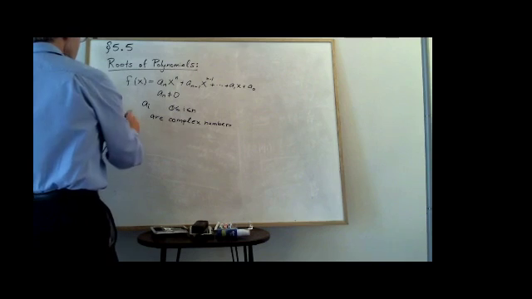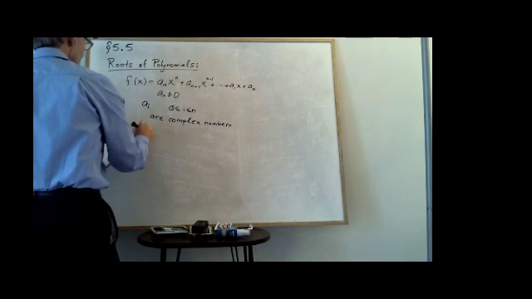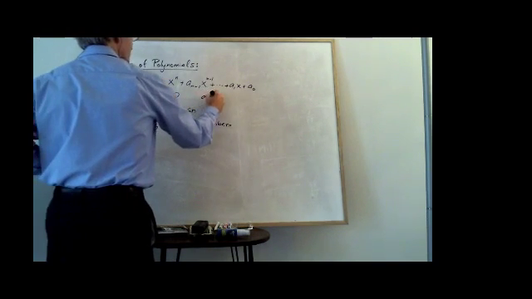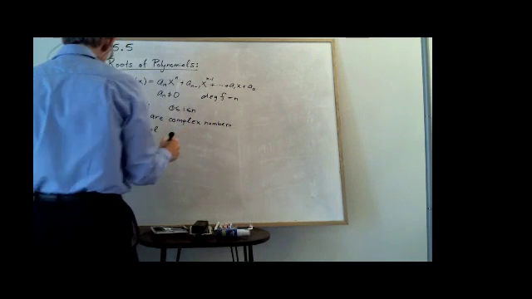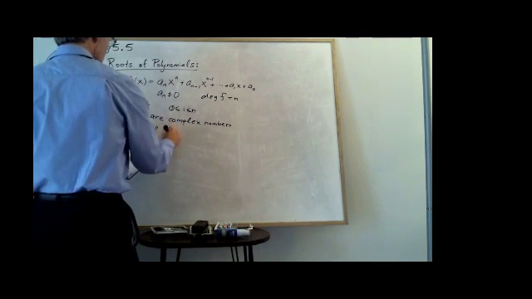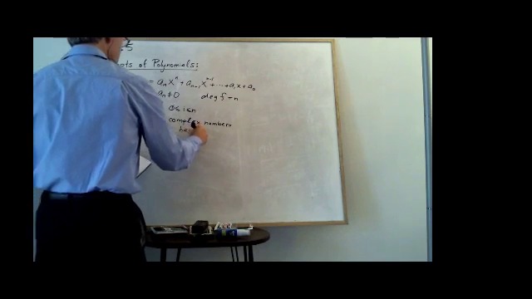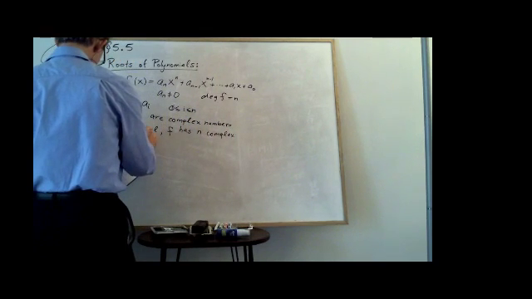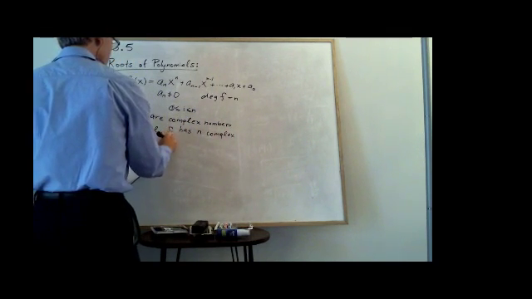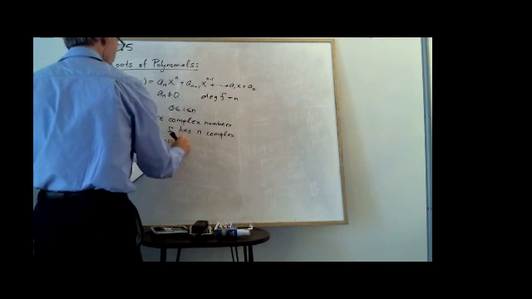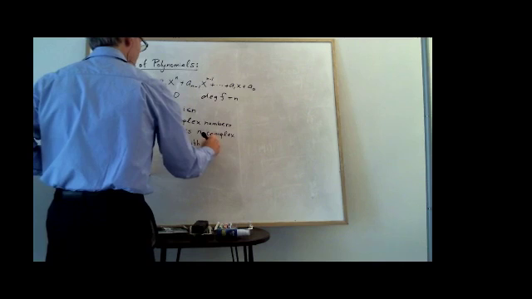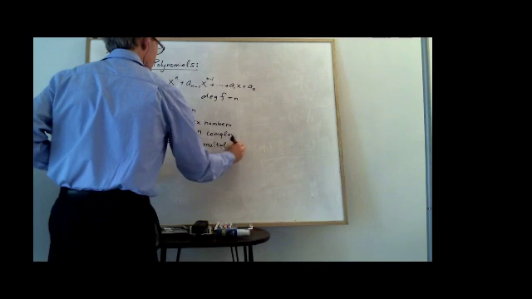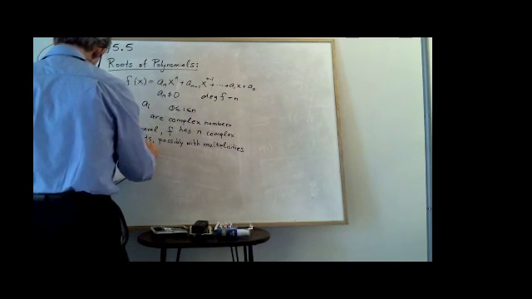Okay, so in general, any polynomial of degree n, so the degree of f is n, and with complex coefficients has n complex roots, possibly with multiplicities bigger than 1.